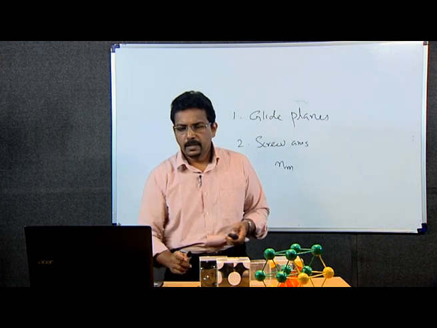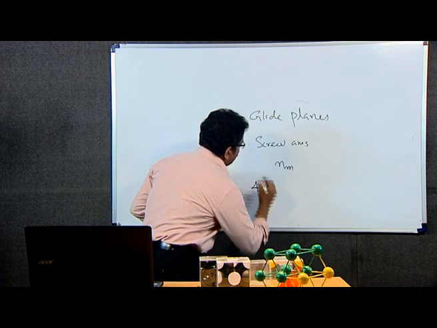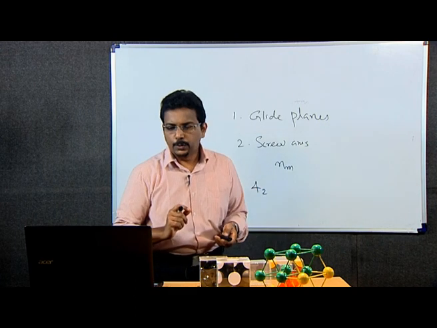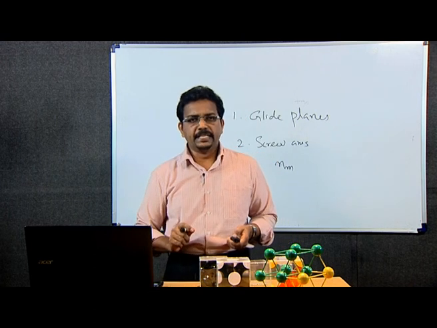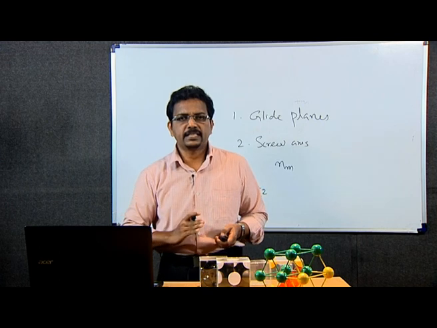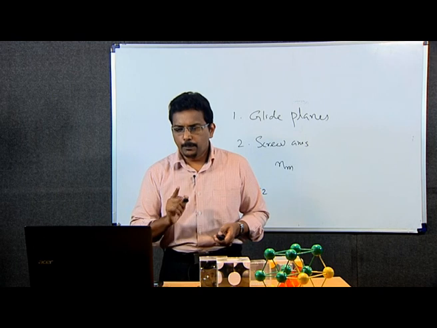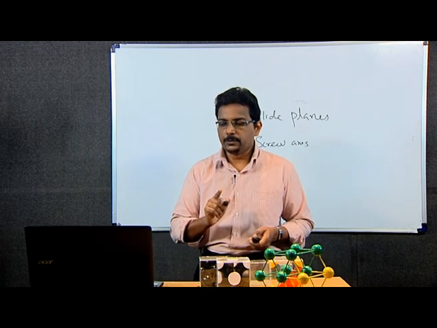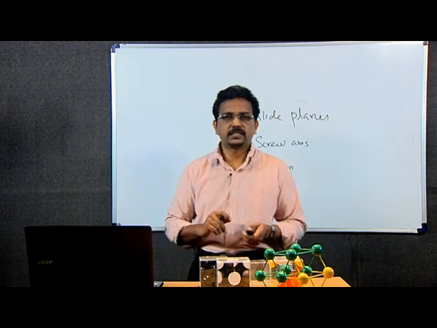For example, for 4 2, n is 4 and m is 2: rotate the point through 90 degrees about the symmetry axis and translate the point by 2 by 4, that is 1 by 2, times the translation vector parallel to the rotation axis.